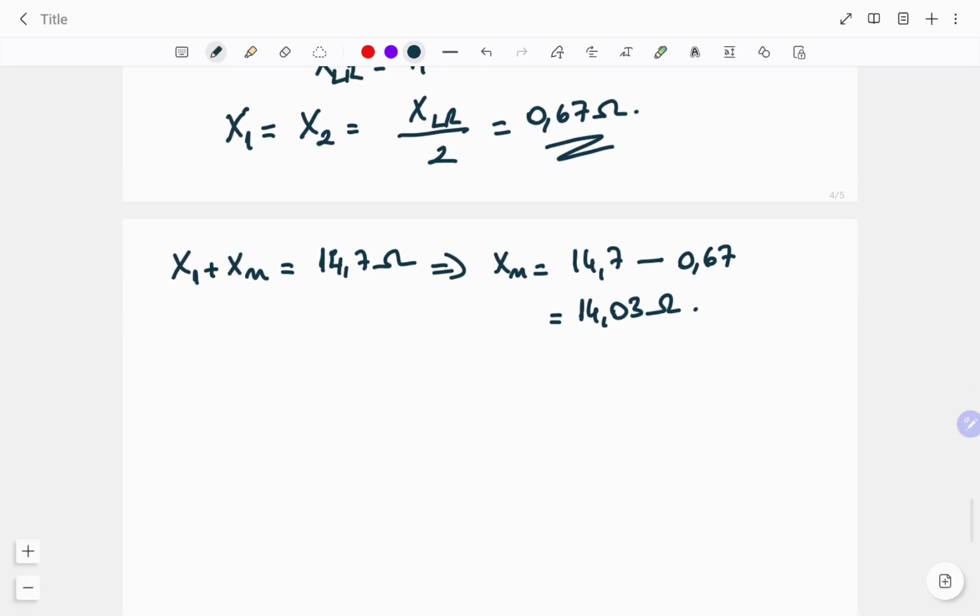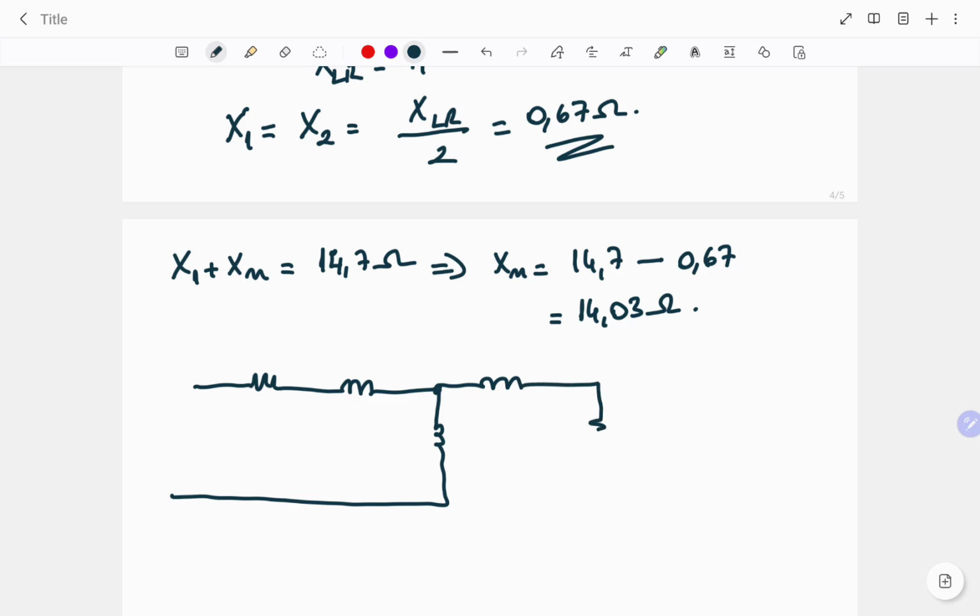So let's check the equivalent circuit. We have R1, X1, Xm, X2, and R2 over S. According to our calculations, we can write their values.